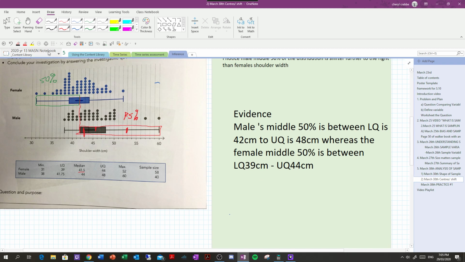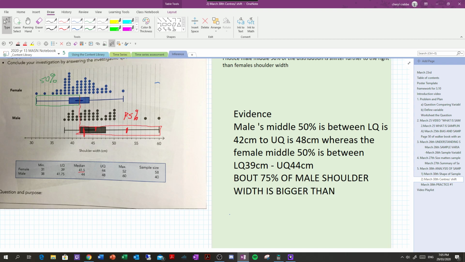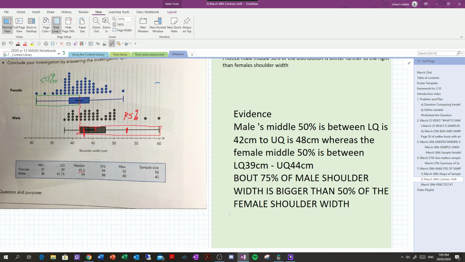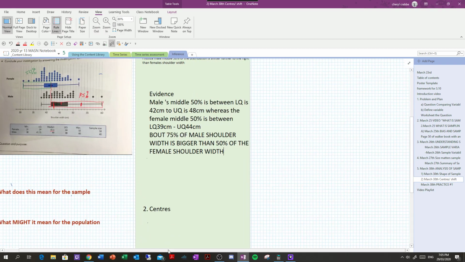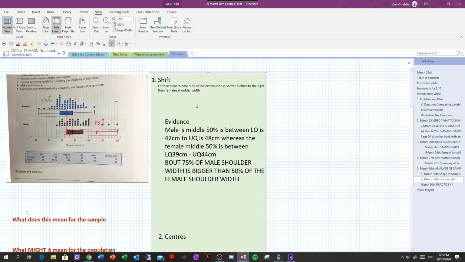So you could actually make a statement here where you could say that about 75% of male shoulder width is bigger than 50% of the female shoulder width. So that's sort of how you might be able to say that, with a comparison, the shifts, the evidence.